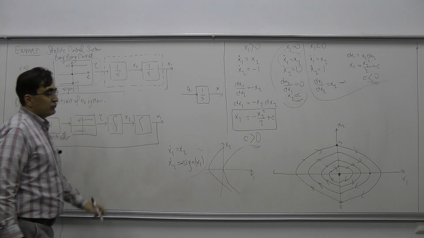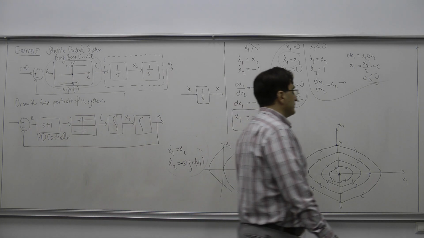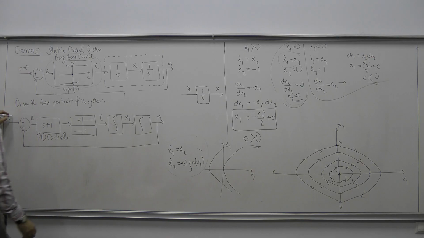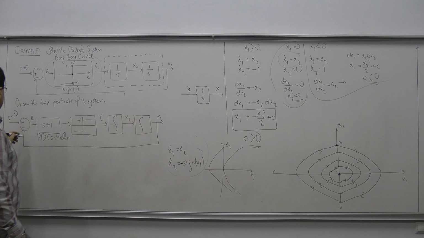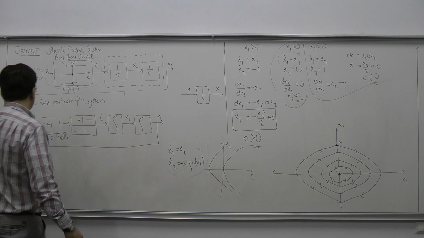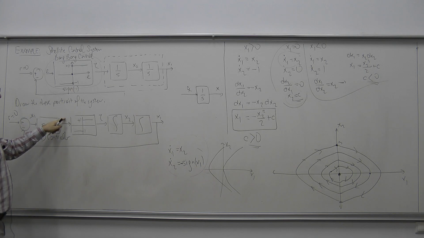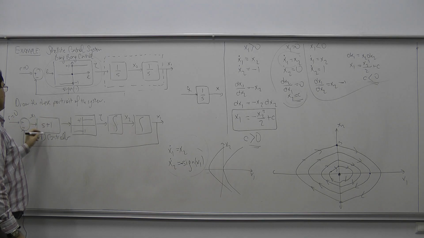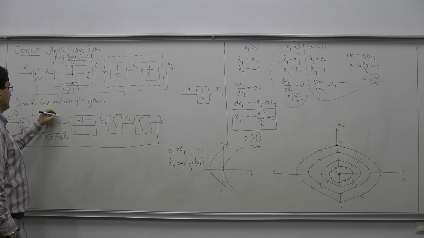So now we would like to obtain the mathematical model of the system with the PD controller. So I have still the reference equal to 0. And let us look at the signals here. Instead of this error signal, I can actually write minus x1, okay? Because this is r minus x1, which is minus x1. And what is the signal here? I will take the derivative of minus x1.